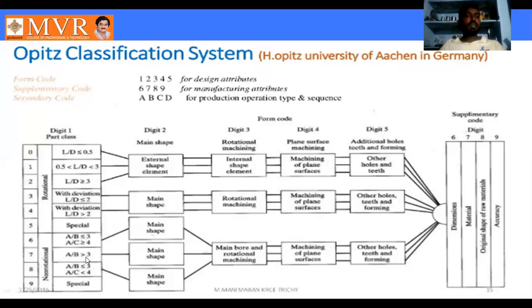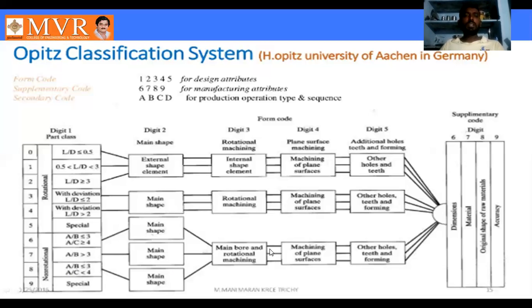So A by B greater than 3, A by C less than or equal to 3, A by C greater than or equal to 4 1. So it is the non-rotational one, it is the production operation type one or sequence one. So production operation types, or we can call as the symbols A B C D, sequence one. So see here it is the sequence one, we are getting main shape one.